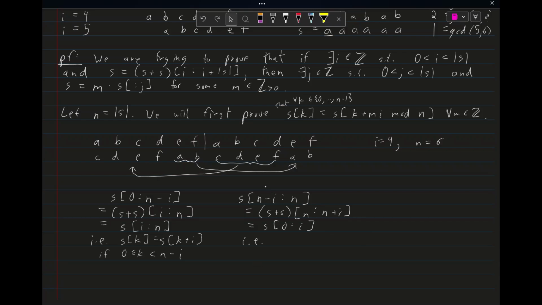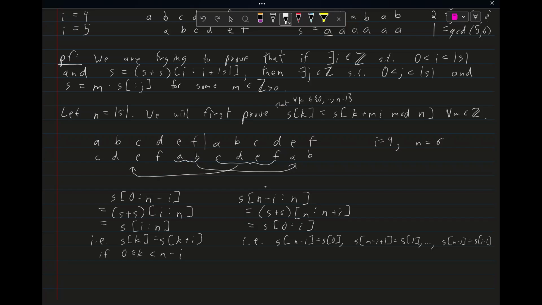S of n minus i equals S of 0. S of n minus i plus 1 equals S1. All the way up to the very end. So S of n, no, we don't go up to n. We get S of n minus 1 equals S of i minus 1.